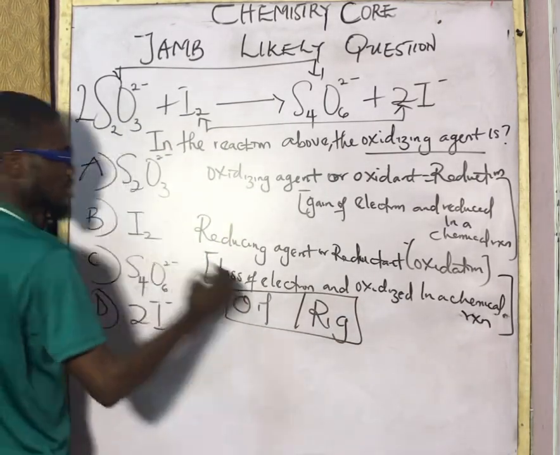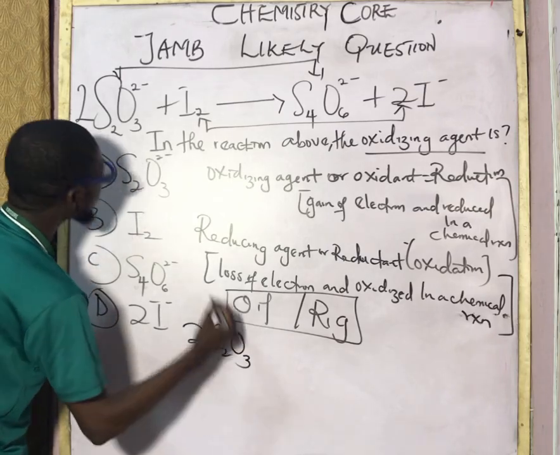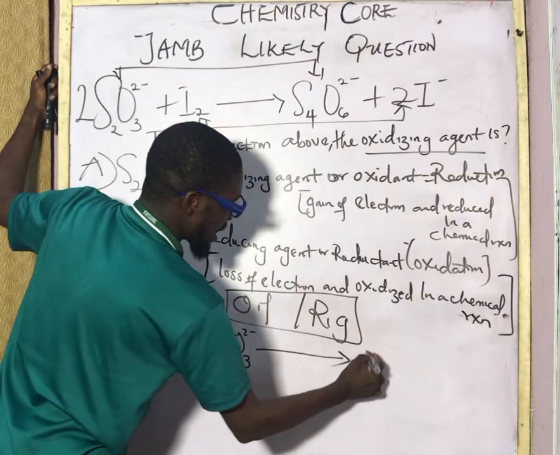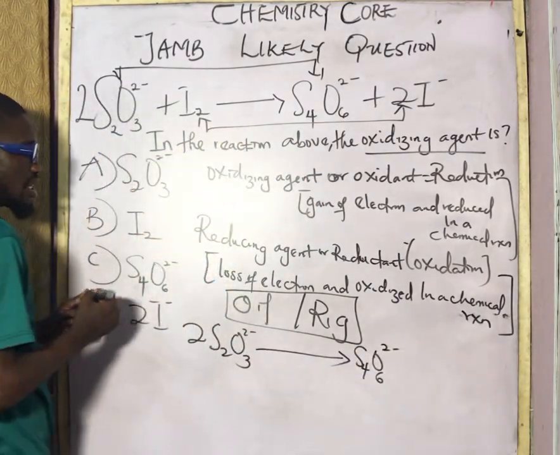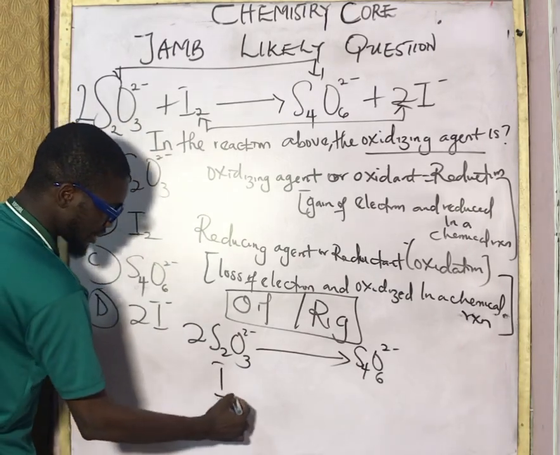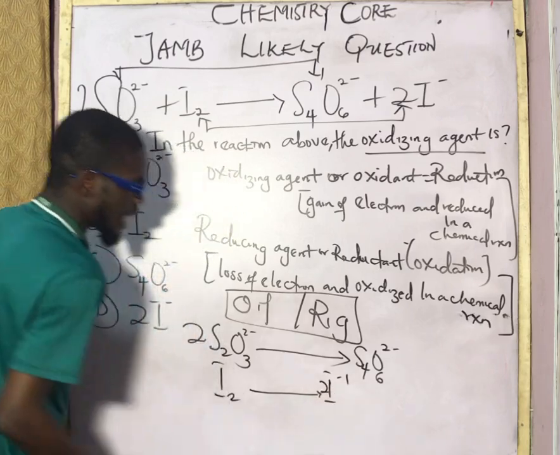The first one is this. I have 2S2O3 2 minus. Here, I have S4O6 2 minus. The second one is iodine gas with 2 moles of iodine.